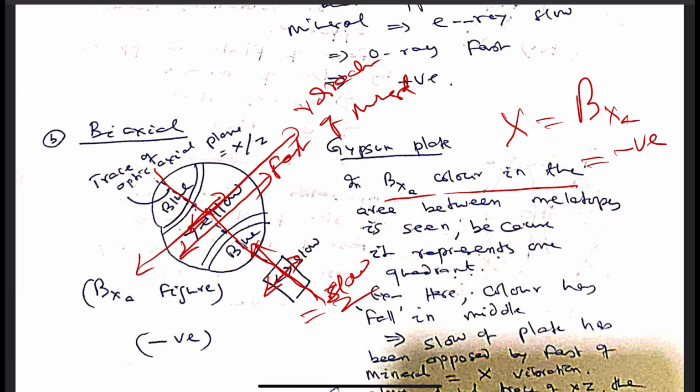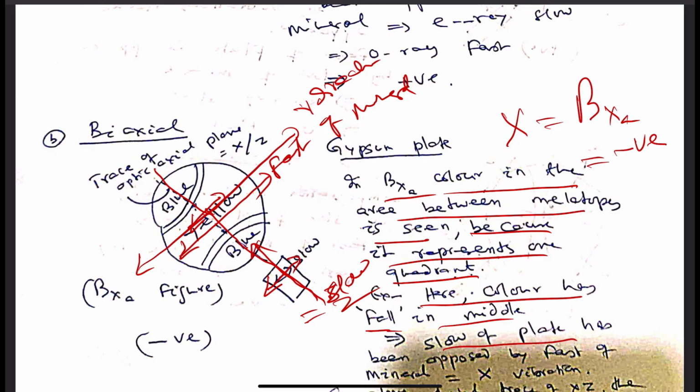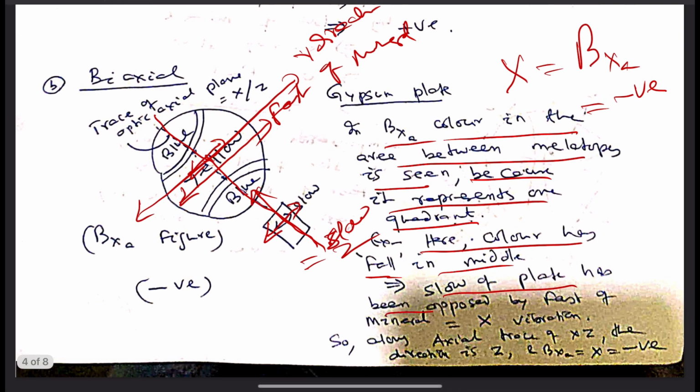In the BXA figure, the color in the area between the melatopes is seen because it represents one quadrant. Here the color has shown a fall in the middle. So the slow of the plate has been opposed by the fast of the mineral. This is the fast of the mineral.